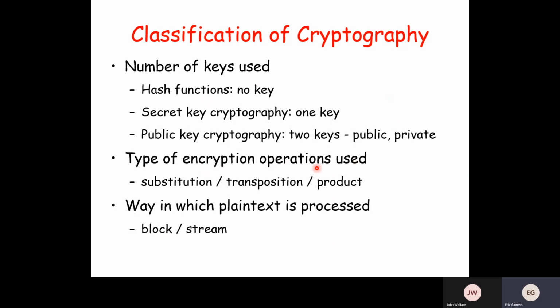The algorithm can be based on different operations. For example, substitution. Substitution is when you change one character with another one. For example, if I change the A with a P, a B with a C, etc., I'm doing substitution. Transposition is when you take the clear text and you start moving around the letters.